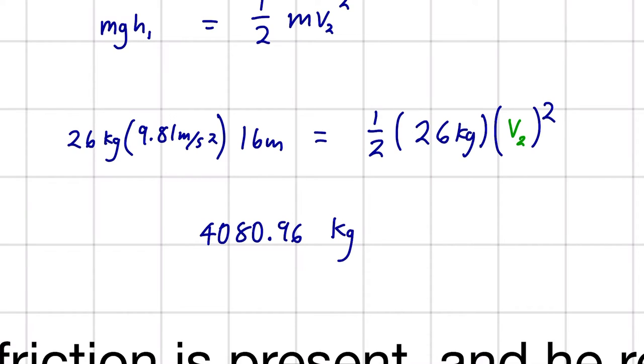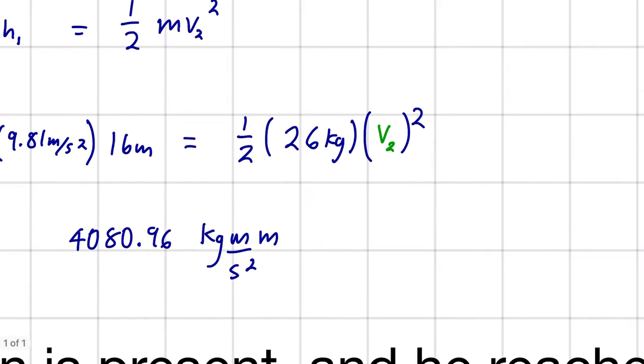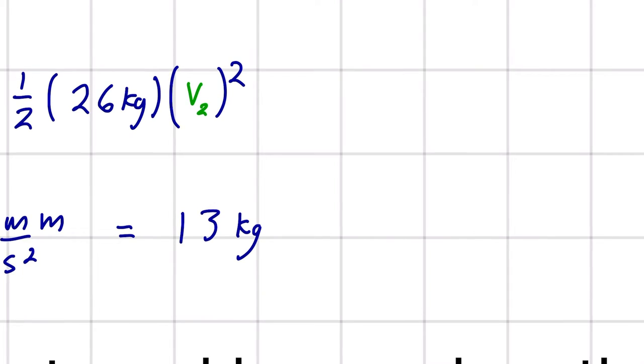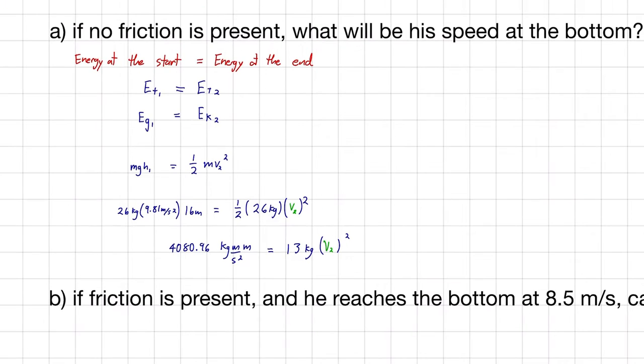And the units here, kilogram meter per second squared, and then another meter. So let's add another meter to that. Is equal to 13 units kilograms V2 squared. All right, now our next step, what we're going to have to do is isolate for this unknown.